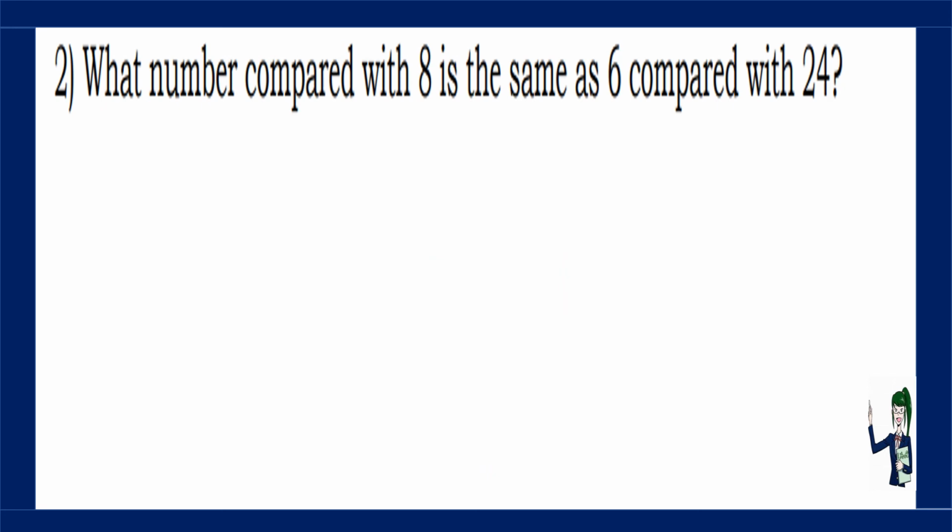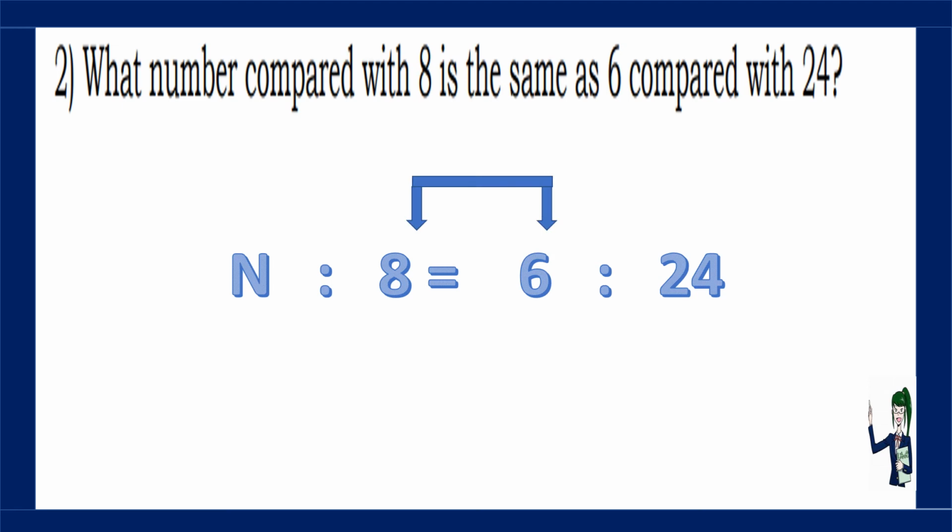What number compared with 8 is the same as 6 compared with 24? So the proportion: n to 8 equals 6 to 24. Identify the parts, the means, and the extremes.